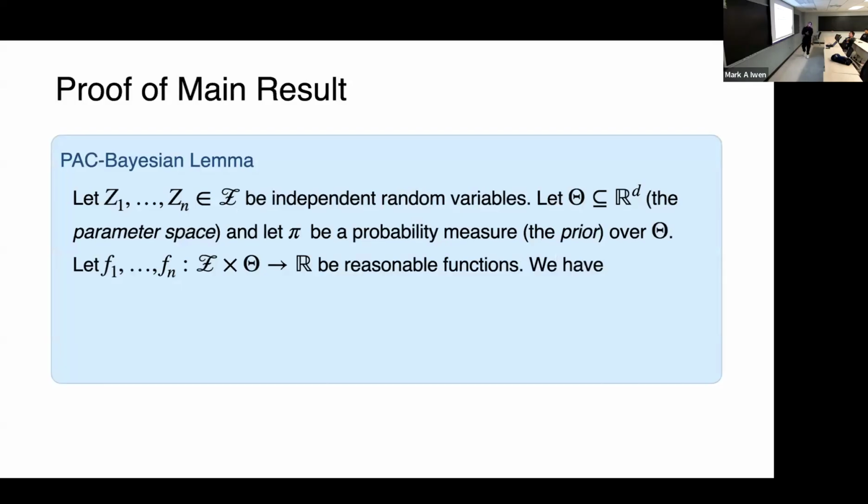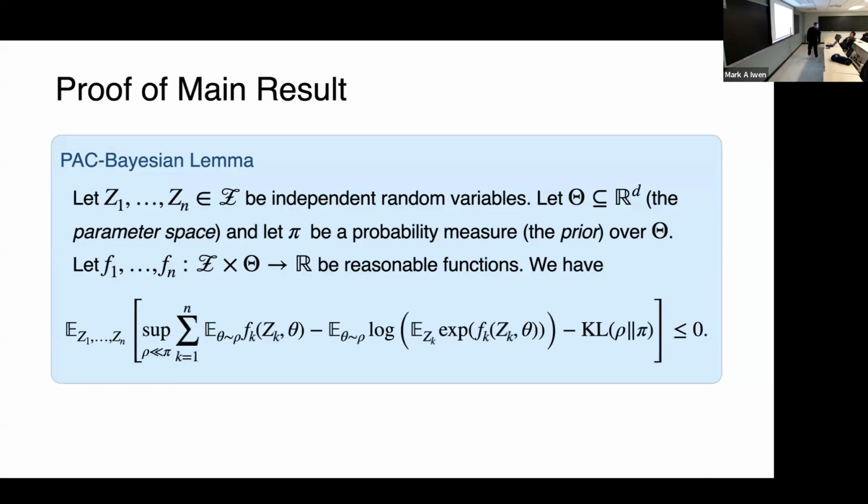Let Z1 through Zn be independent random variables, and define capital Theta to be some subset of R^d that we'll call the parameter space, and let pi be a probability measure over that space that we'll call the prior. If we fix n sufficiently nice functions f1 through fn mapping from script Z and Theta to the reals, then we have the following funky looking bound.